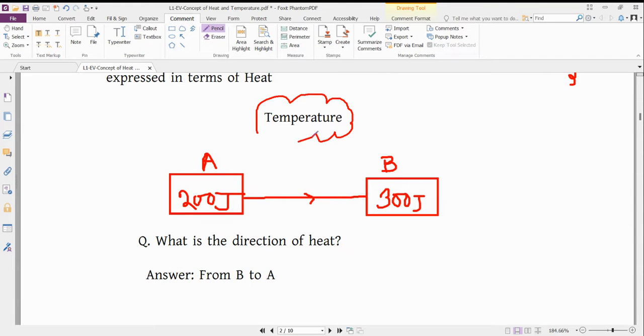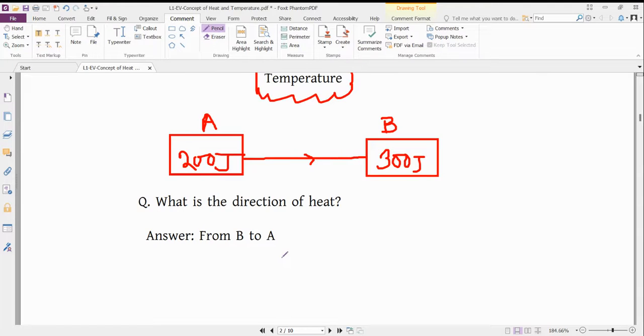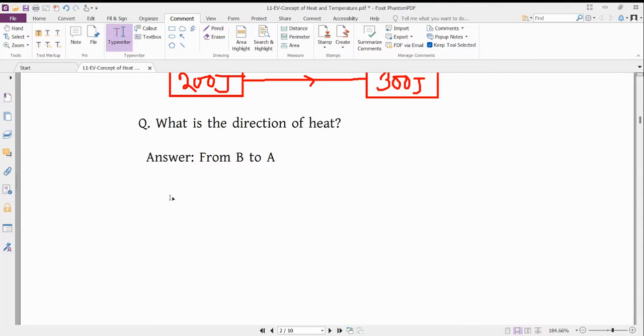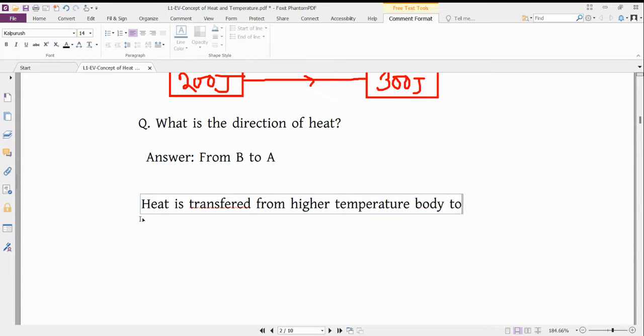Without knowing the temperature, we can't say the direction of heat. As we know, heat is transferred from the higher temperature body to the lower temperature body.